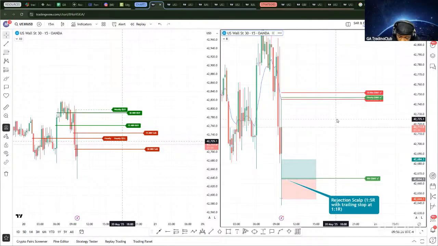Okay, so let's see what we have here. And yeah, sometimes, especially trading three strategies almost at the same time, it does get confusing.